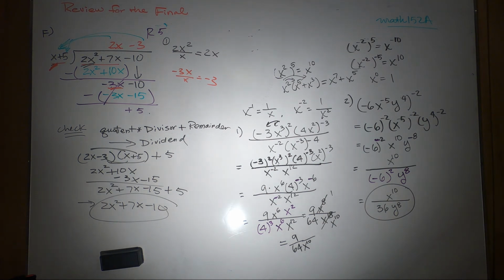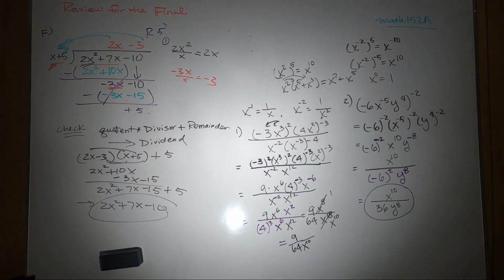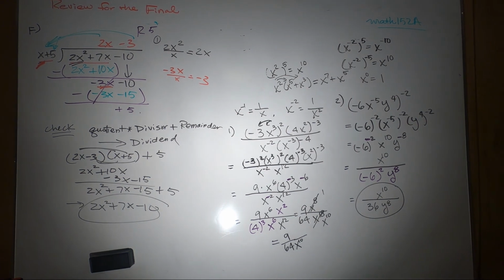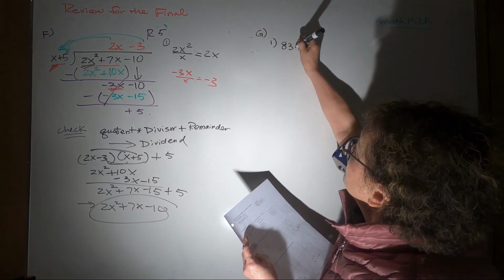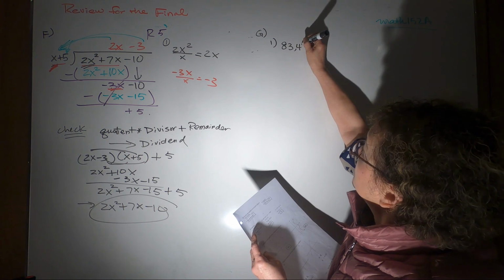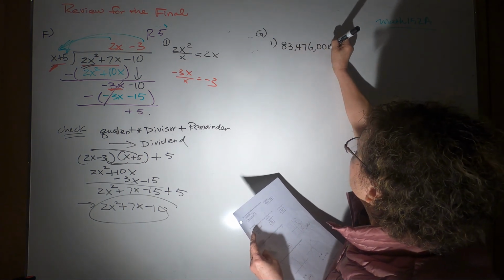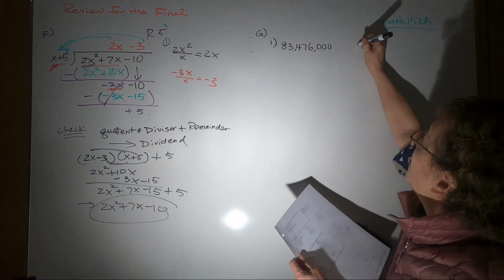And also for polynomials, we will have scientific notation as well for the power, right? Let's look at page 5. Okay, for scientific notation. Regular numbers we call standard numbers, right?